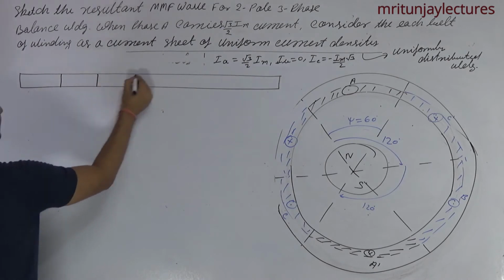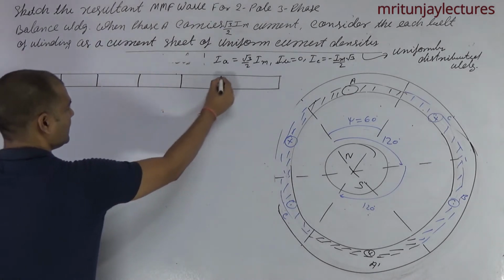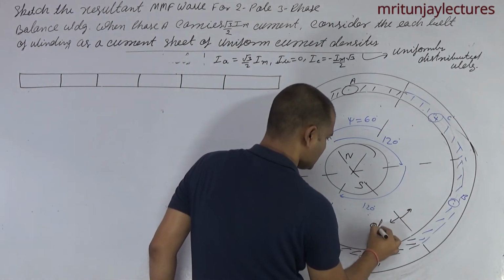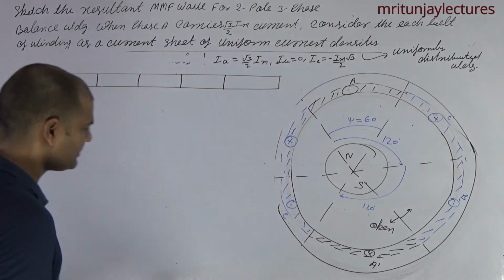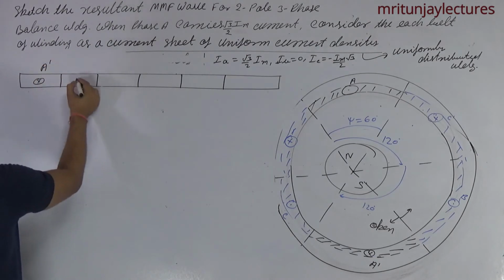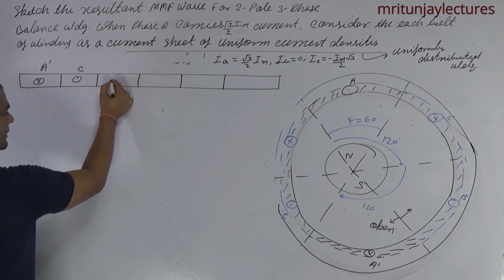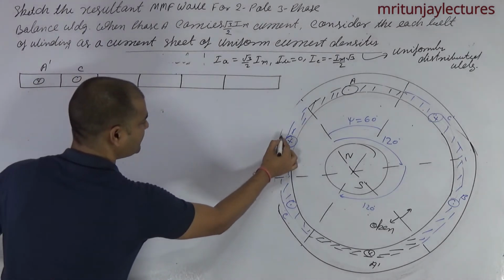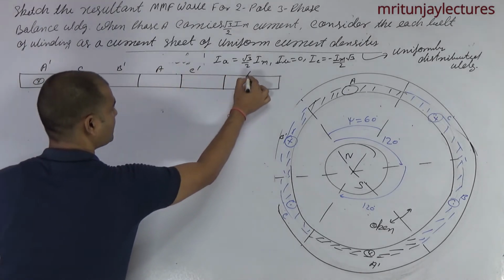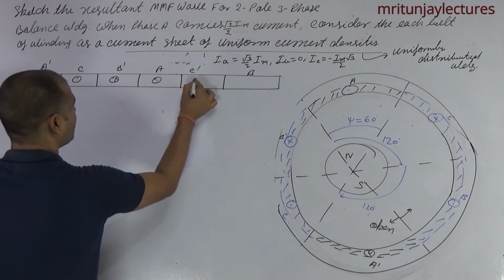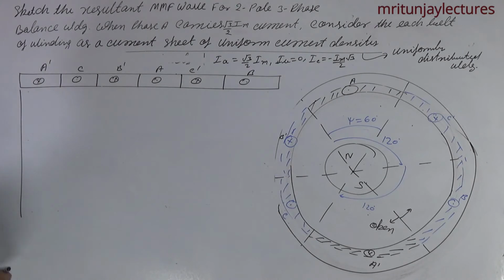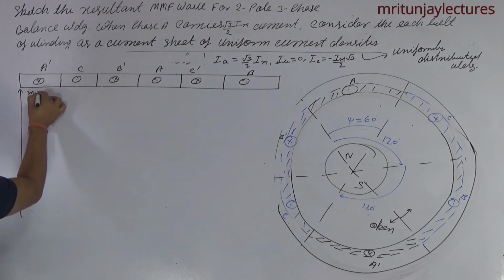A, B, C, A dash open like this, corresponding to this one, A dash is cross, C dot, and that is B dash, C dash, B, cross dot. So it represents the resultant MMF like this.